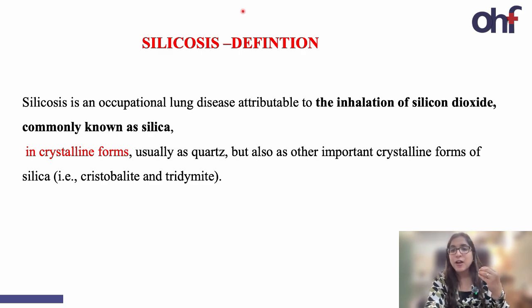If they are less than 5 micron, we call them respirable crystalline silica, RCS. These particles reach the farthest points in the lung and they are more pathogenic. So it depends on the aerosolization, the extent of exposure, and the size of the particles, and then that silicon dioxide can cause silicosis.